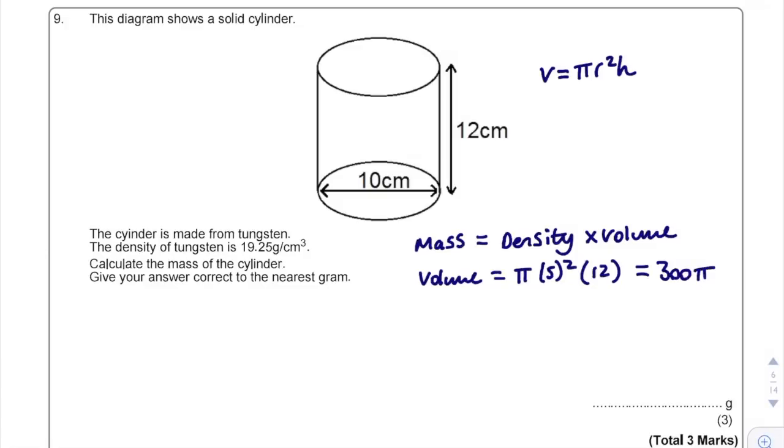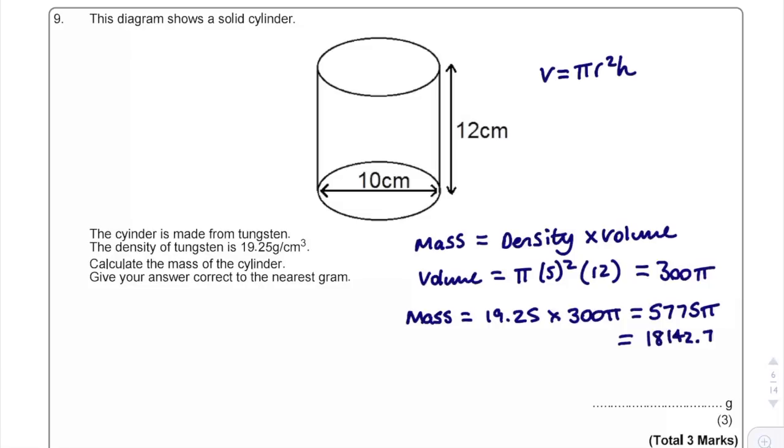And then the mass is going to be 19.25 times 300 pi. That gives us 5,775 pi, but we want to round this to the nearest gram. So we get 18,142.70. That's to 2 decimal places. So to the nearest gram, that's going to be 18,143.